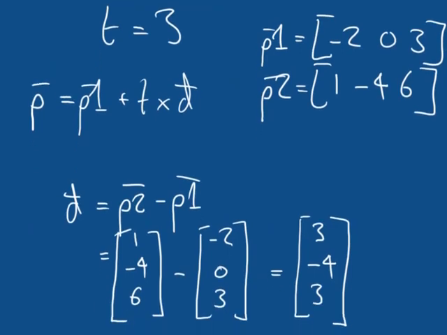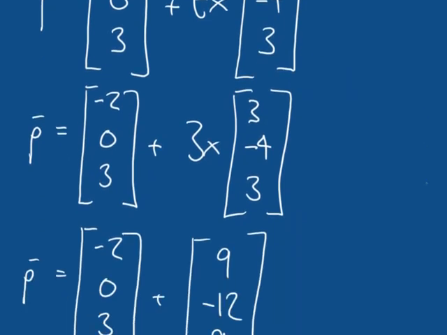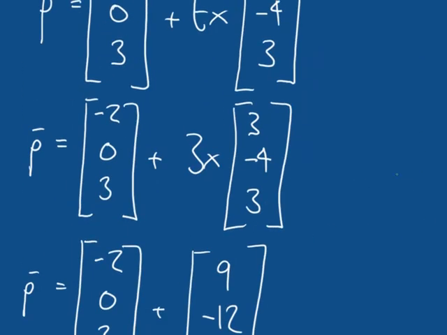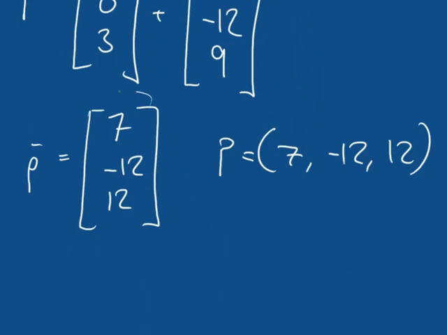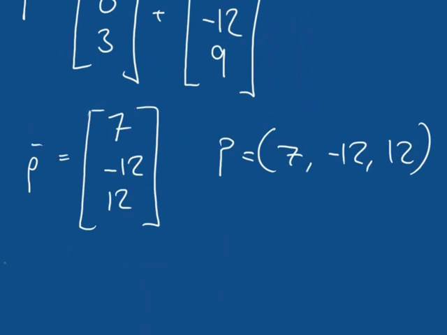But in my case, I constructed a vector that travels from P1 to P2. I didn't normalize that vector, and that meant that T equal to 3 gives us this particular point, 7 in X, minus 12 in Y, and 12 in Z.